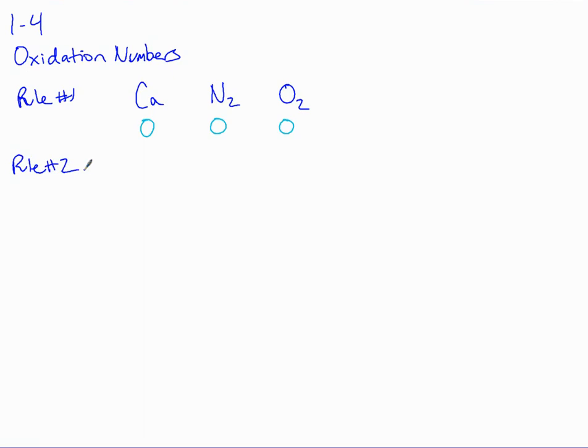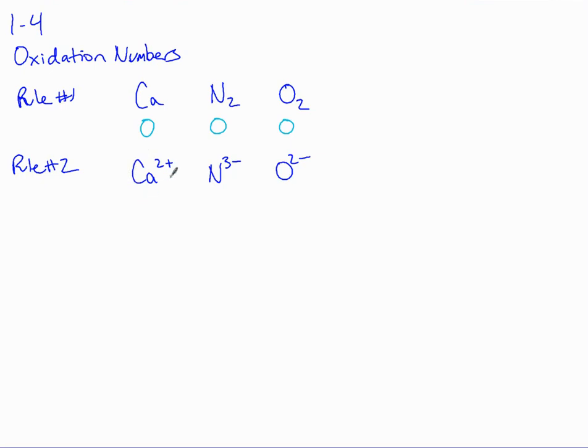Break up ionic compounds into their components. So we're looking at monatomic ions here. So we have calcium 2+, we have nitrogen 3- and oxygen 2-. So their oxidation numbers are based on their actual charge.